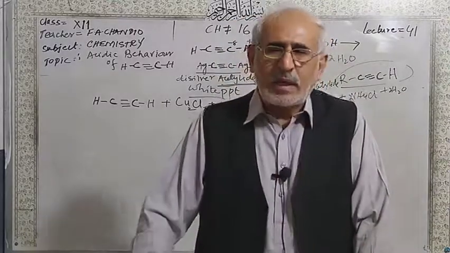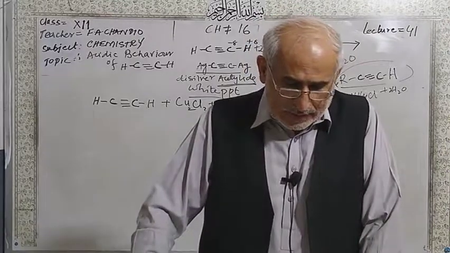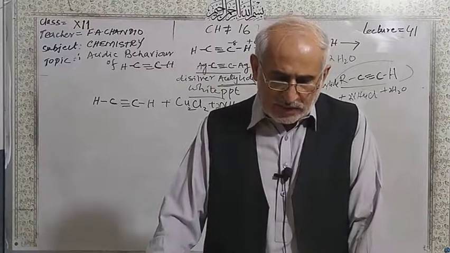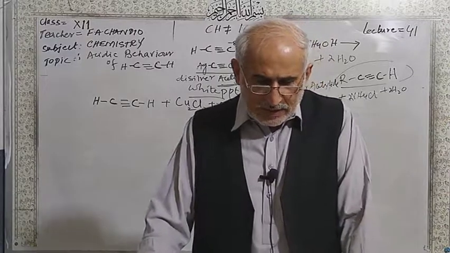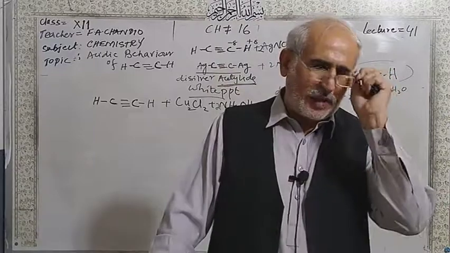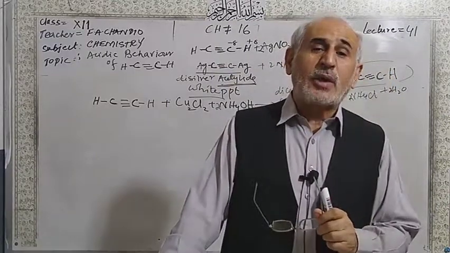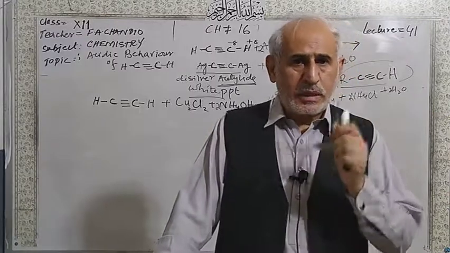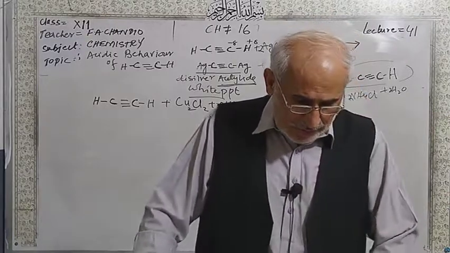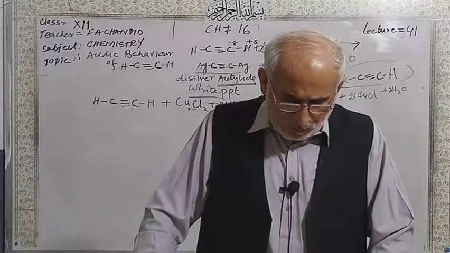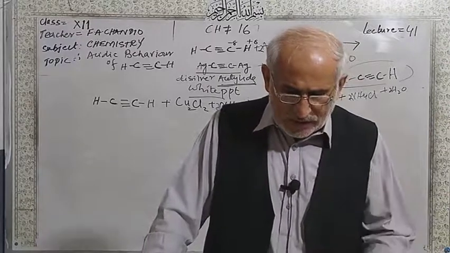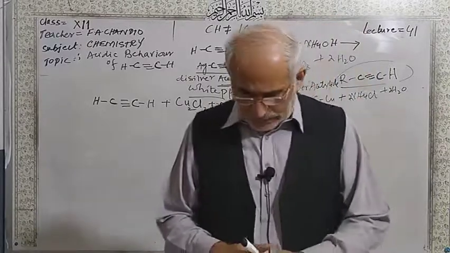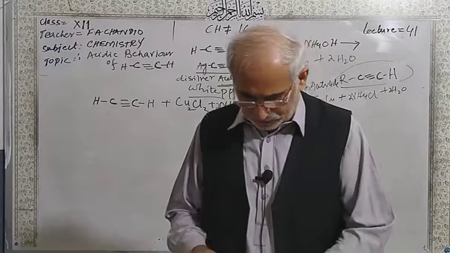So these alkylides or acetylides are used for the preparation, purification, separation and identification of the alkynes which contain terminal hydrogen. These alkylides are unstable. So they are going to be changed into the respective alkynes by using a dilute acid.